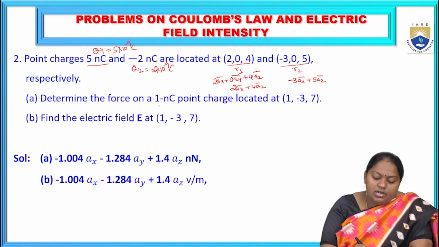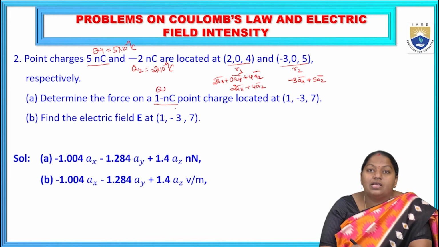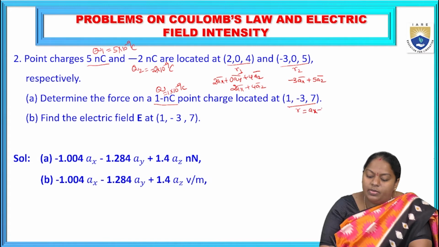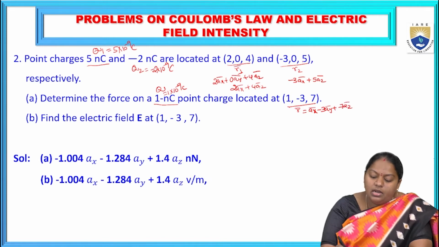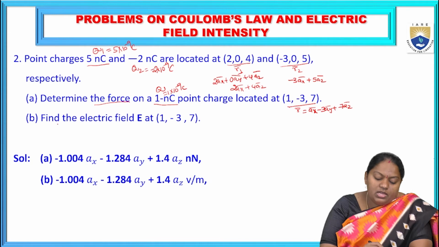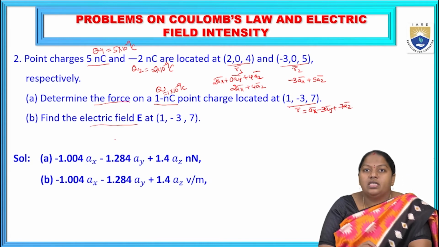The point charge is given as Q equal to 1 nanocoulomb, 1 into 10 power -9 coulombs, located at R equal to 1aX minus 3aY plus 7aZ. So here R1 and R2 along with R3 represent three vectors, and we need to find the electric force first. From that, at that particular point, we will evaluate the electric field intensity E.